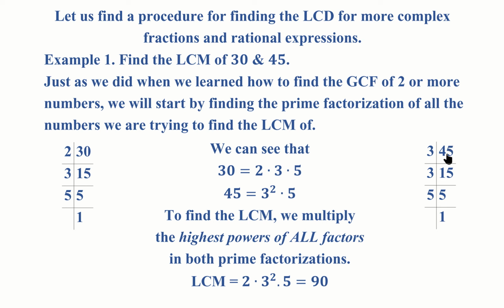Now, if we take care of 45, we start with 3. Remember, with 45, a lot of people jump to 5, but it's much nicer if you start with the smallest prime number that goes into any given number. That way, your prime factorization will be nicely ordered from the smallest factor to the largest factor. So when a number is divisible by 5, meaning it ends in a 5 or a 0, you should always try to see if it's divisible by 3 as well before you jump to 5.